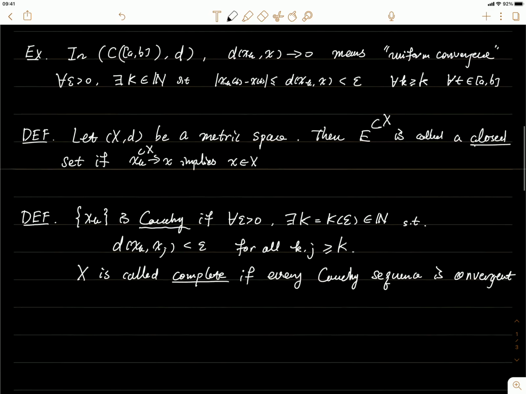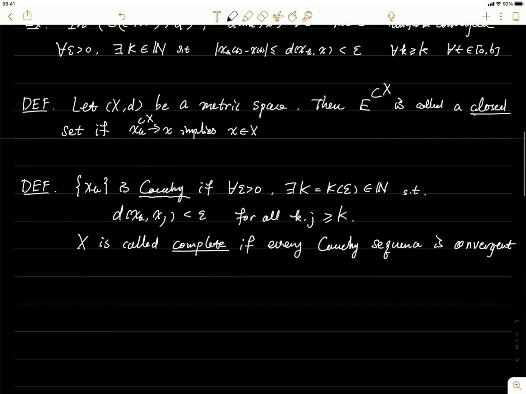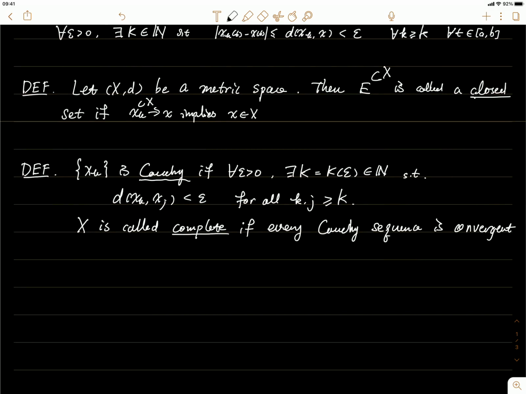This is a very important concept, and later in this course, we will see that most of the important results only hold for complete spaces. They may not be true for incomplete spaces. But some still hold for incomplete spaces, so we need to specify in which case completeness is necessary, and in which case it's not.